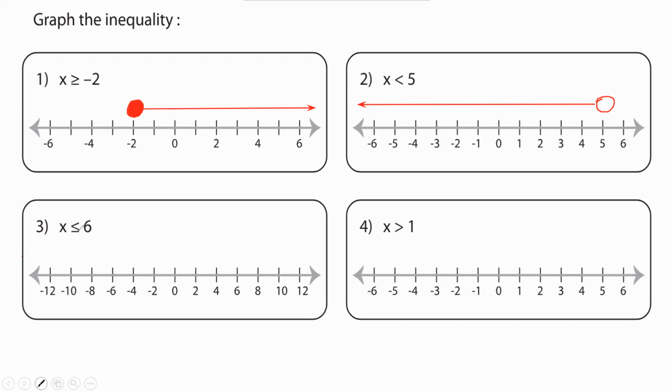Very good, because we have a line underneath the symbol. So we're gonna say 6, put a circle here, and shade that.